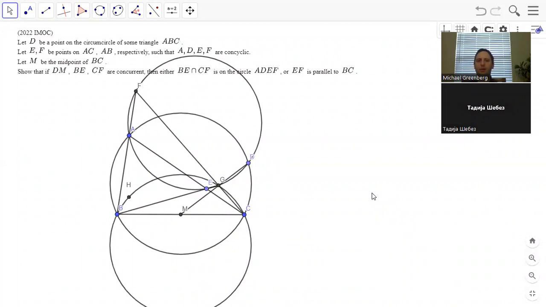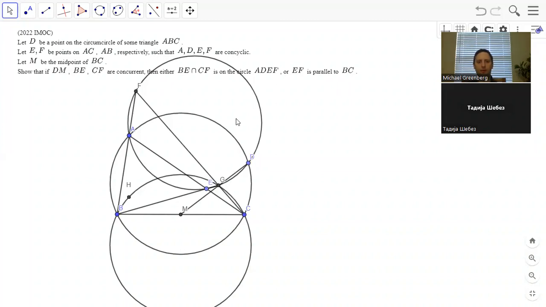Was it just something you noticed when playing with the diagram? That's by the problem statement, right?